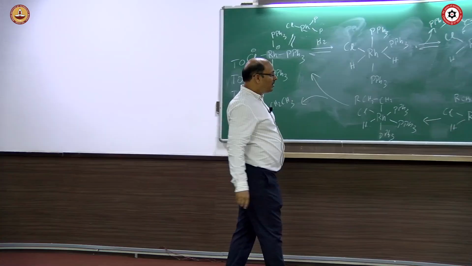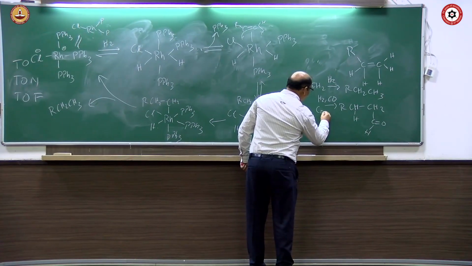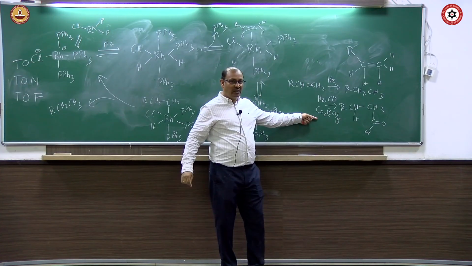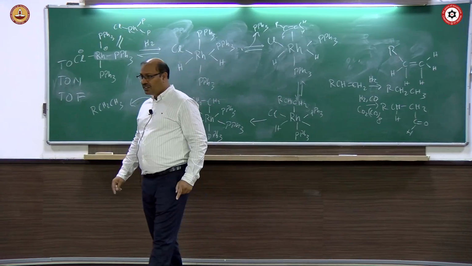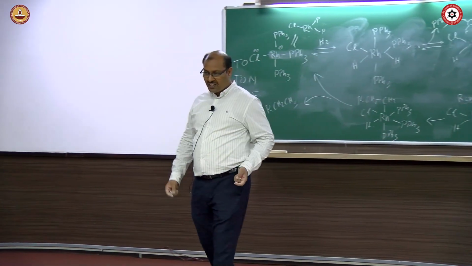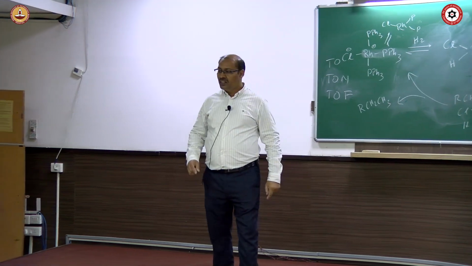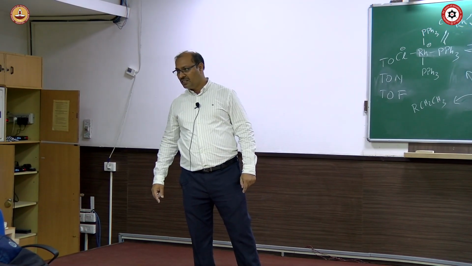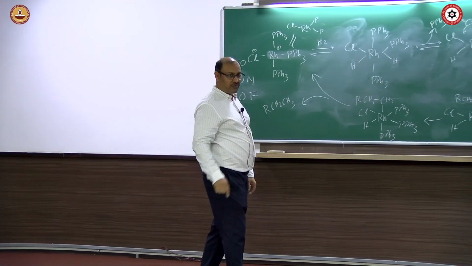Second case, reactants are hydrogen and carbon monoxide and the catalyst is Co2(CO)8, dicobalt octacarbonyl. That is the catalyst. So I give you an assignment, look at the book, draw the catalytic cycle for hydroformylation reaction. Okay? Hydroformylation reaction, draw the catalytic cycle.